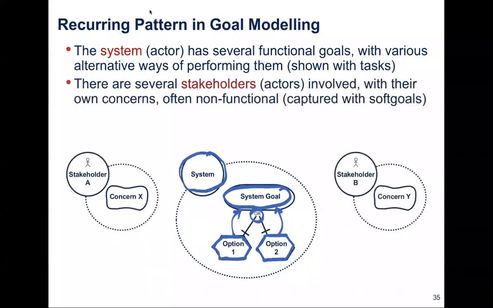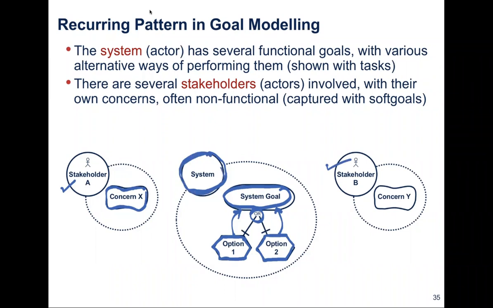So we could have one stakeholder, or we could have multiple stakeholders. If we have multiple stakeholders, we have multiple actors. And each stakeholder will have their own concerns. At this point, we could model the concerns as soft goals. So here I have stakeholder A and stakeholder B, and this is just like a component.